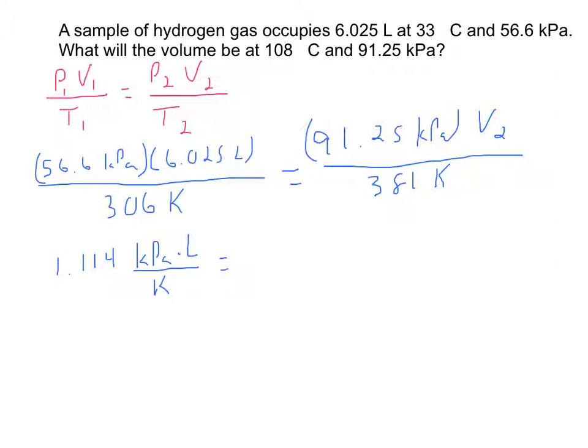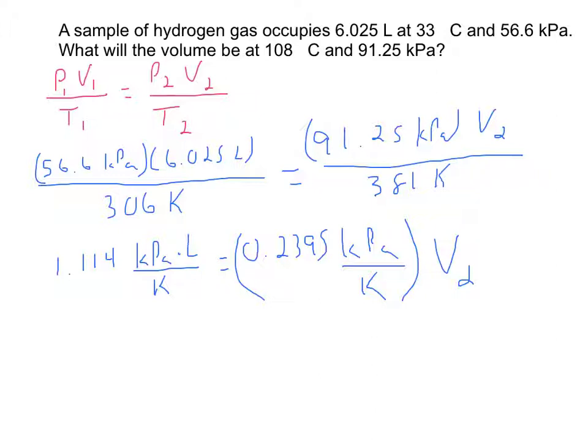Now to simplify the right side, we take 91.25 and divide it by 381, and I would get 0.2395. Again, the units don't simplify, so we just have kPa over Kelvin, and then that whole thing is multiplied by our V2.